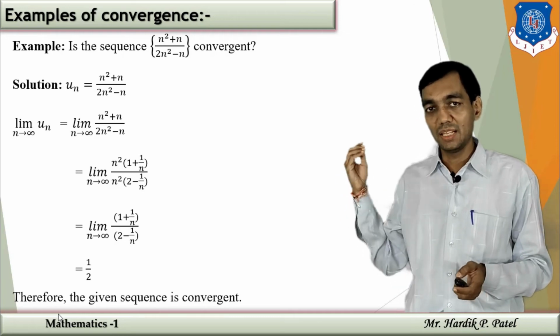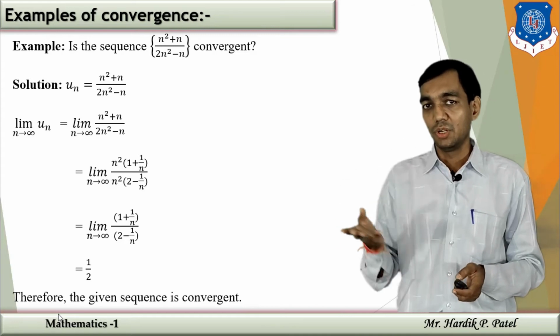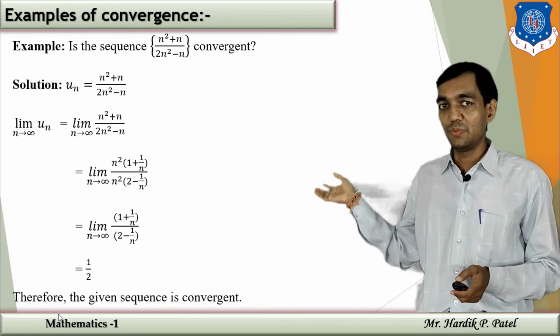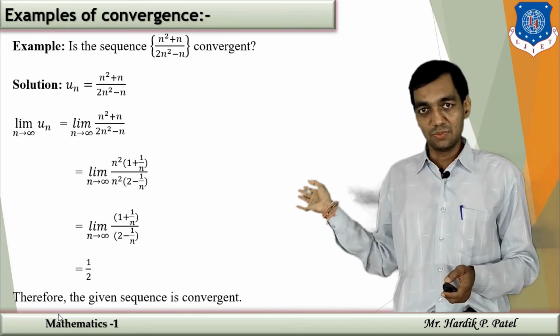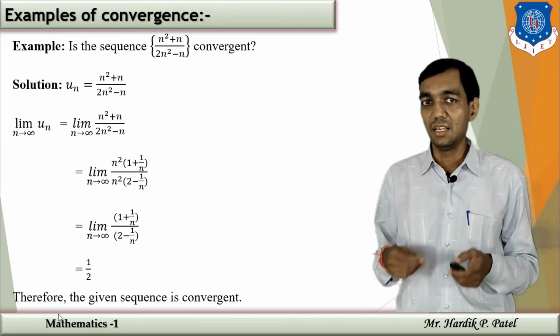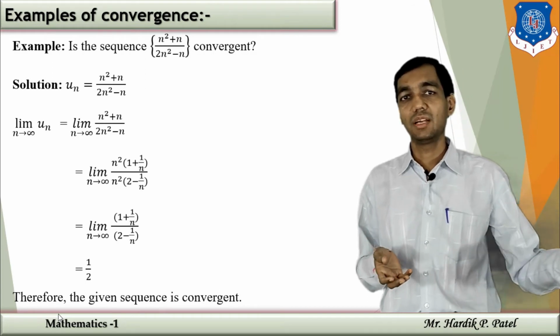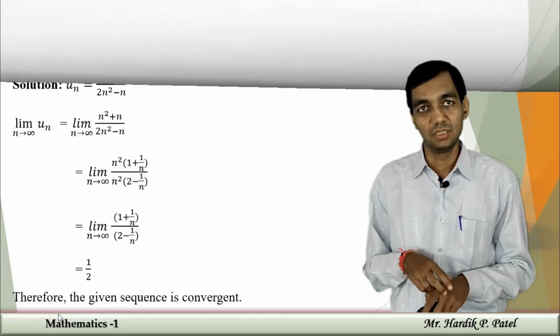Taking n square common from numerator and denominator and simplifying will give you the limit as n tends to infinity of 1 plus 1 upon n divided by 2 minus 1 upon n, and if you apply the limit to that, then you will get 1 by 2. Therefore again the limit is finite and unique, so the sequence is convergent.